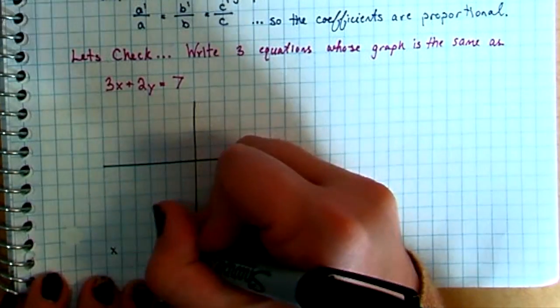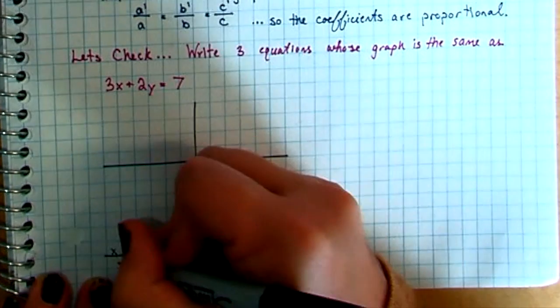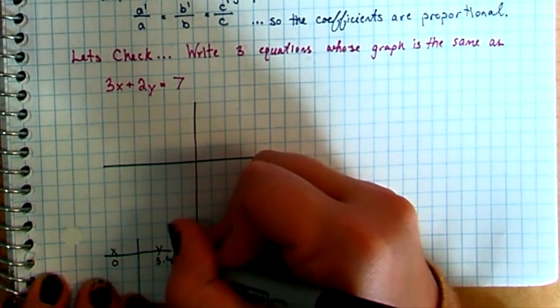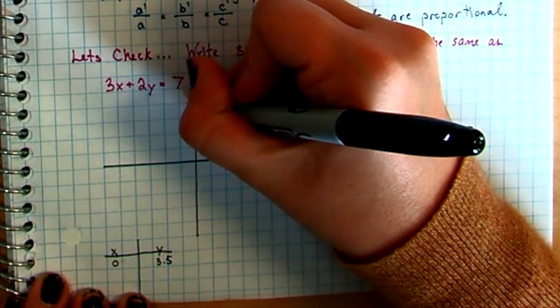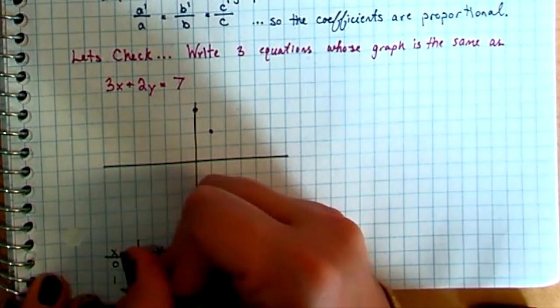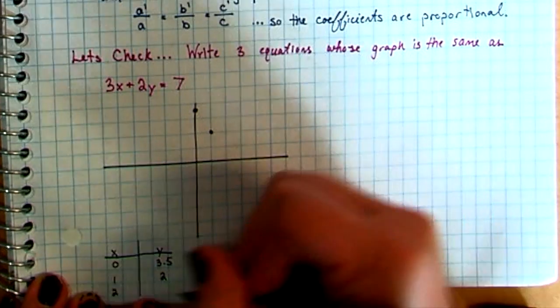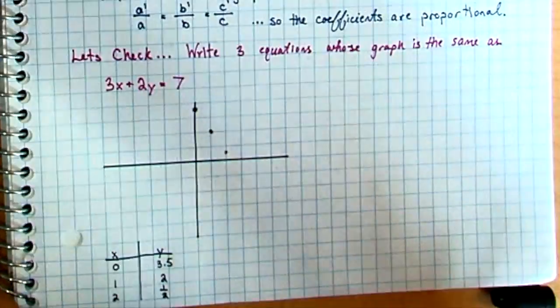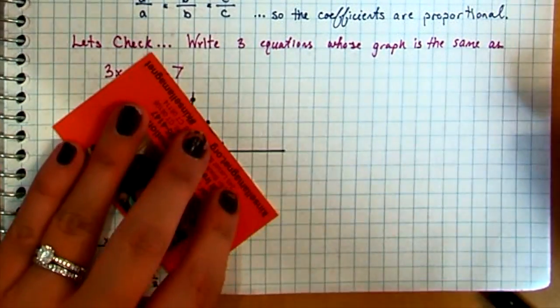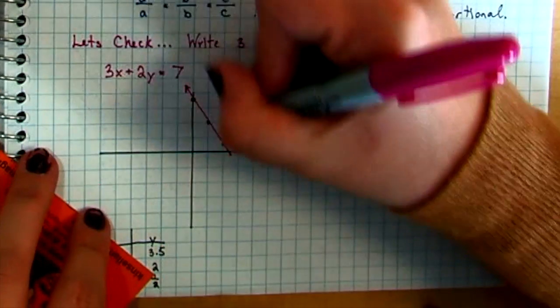When I have my original equation, 3x plus 2y equals 7, if x was 0, then y would have to be 3.5. If x is 1, y would have to be 2. And if x is 2, y would have to be 1/2. So I'm graphing that line just by substituting those values into my equation and solving.